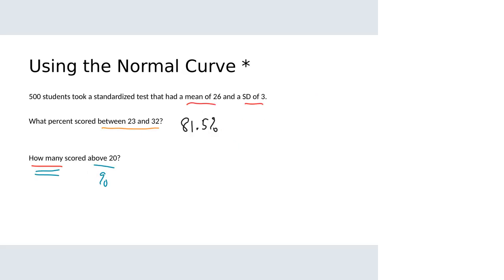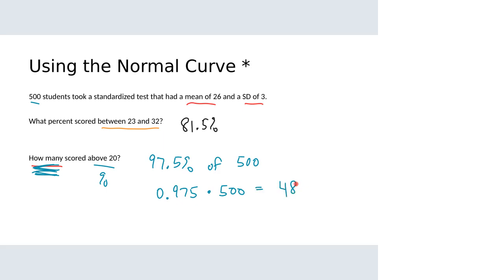We just have to be a little bit careful that this question didn't ask for the percentage, it asked for how many. So 97.5% of the 500 students that took the exam, that's how many scored above 20. We'll convert that to a decimal. Of is a multiply times 500, and let's see, 0.975 times 500 is 487.5.